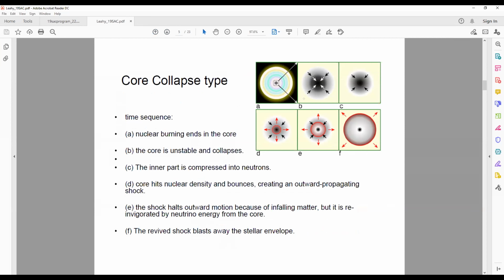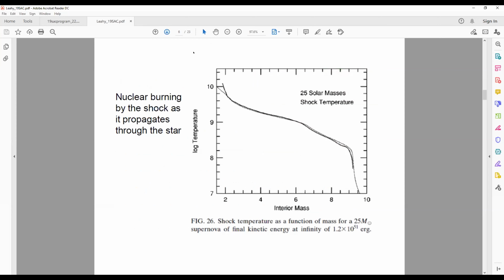Inside the star, the protoneutron star forms, and you have a shock that goes out through these various layers, but the shock propagation is unstable to perturbations and can mix the hydrostatic burning process products of the normal stellar evolution, plus the shock temperature is high enough as you go out from the center.